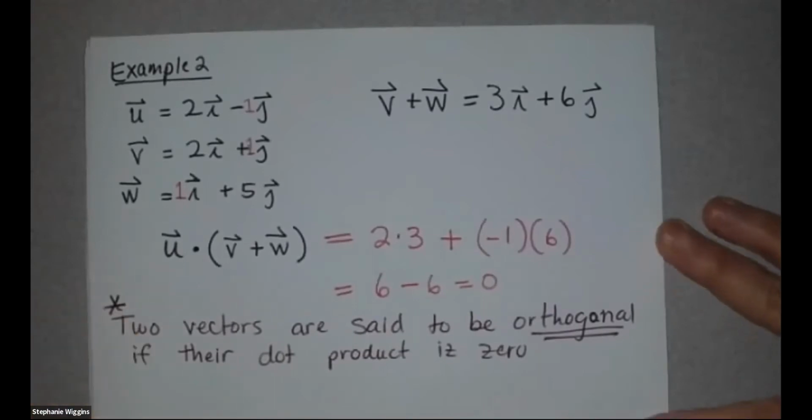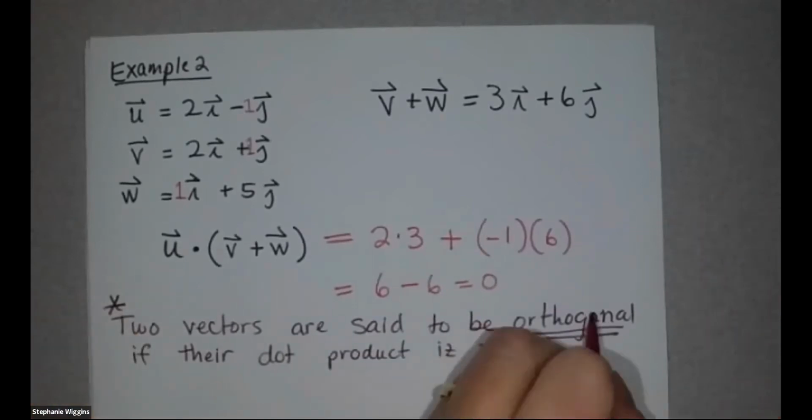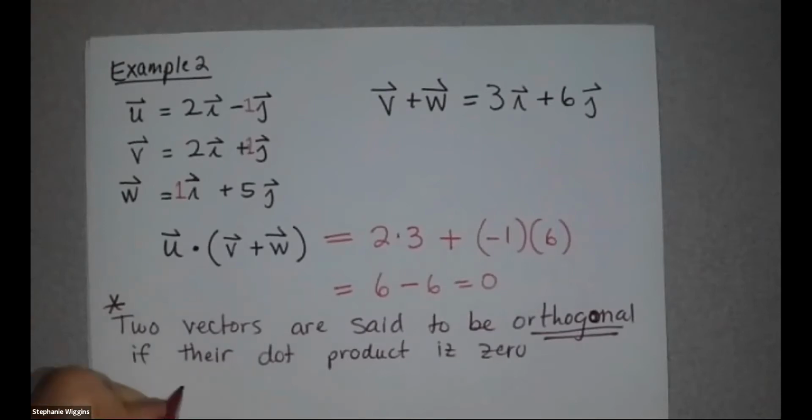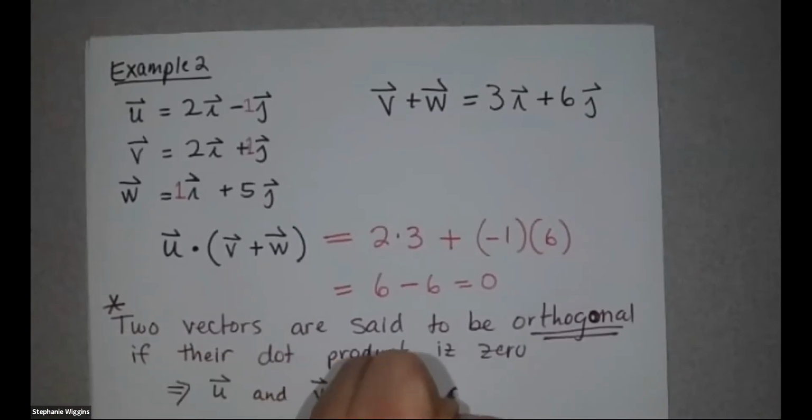Okay, this is important. That's an O, by the way. Two vectors are said to be orthogonal if their dot product is 0. So in other words, U and V plus W are orthogonal.